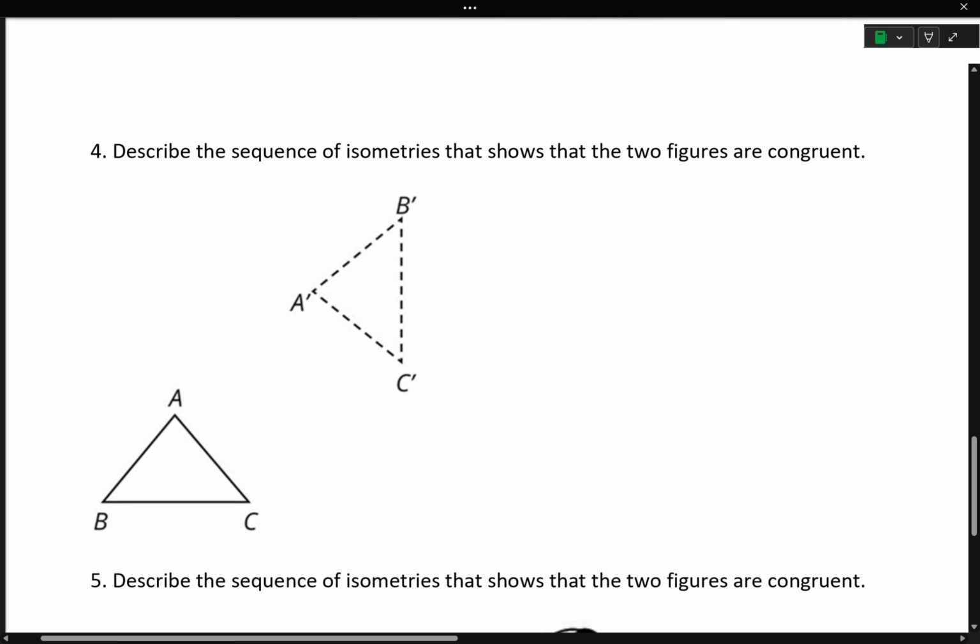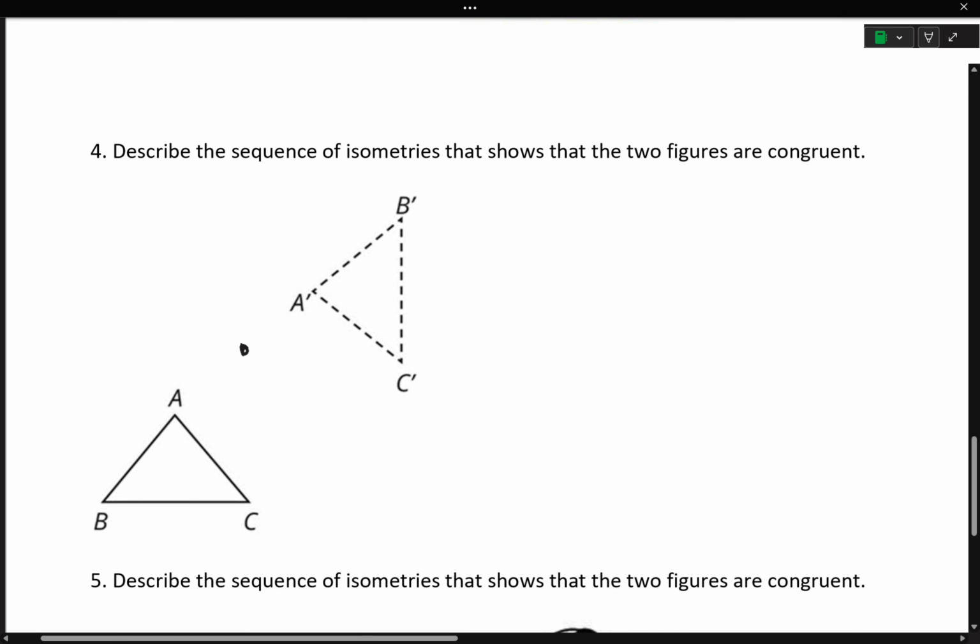Okay, the next one. Ooh. What could this be? It could be several things. I actually see. Oh, yes, yes. I see what it could be. I'm thinking of which way I want to describe it to you. Yes.